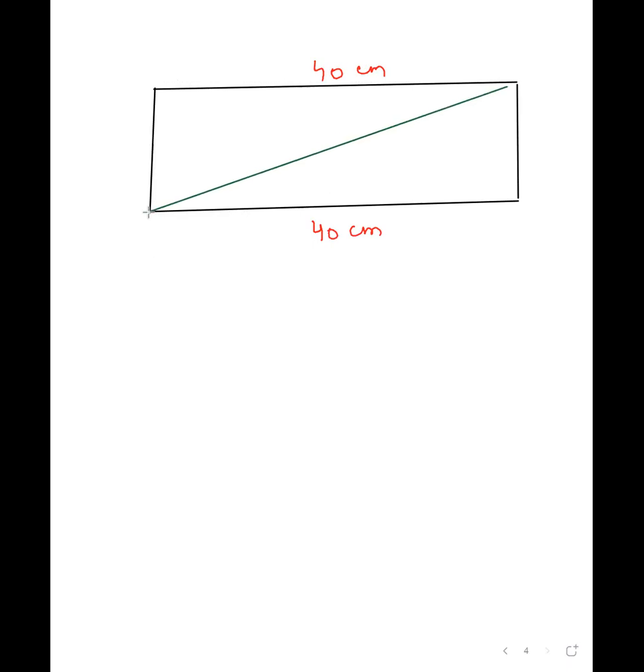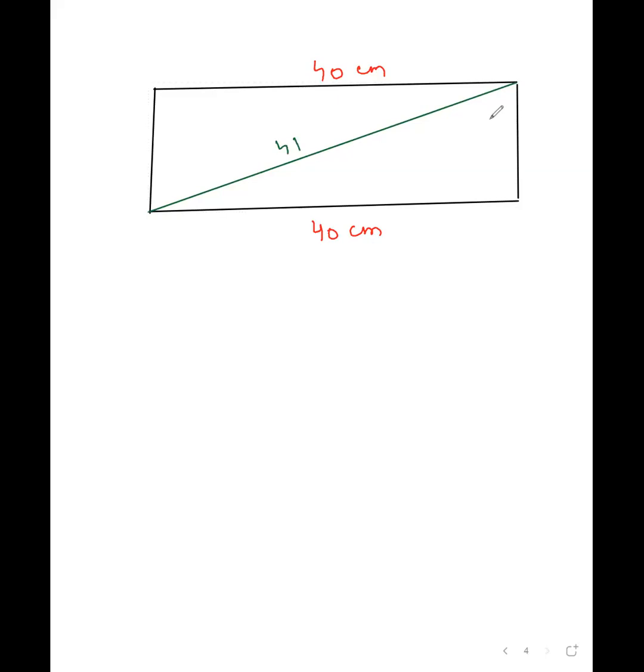The length is 40, so these both are 40 centimeter. And one diagonal is 41. Actually, both the diagonals are going to be equal, but the diagonal is 41.